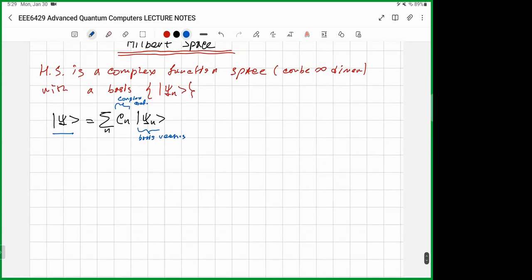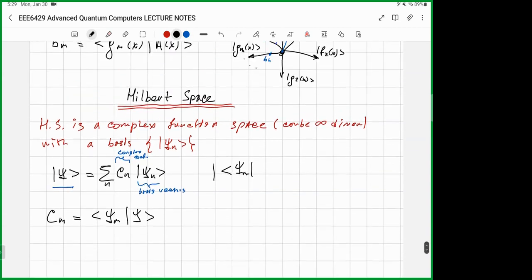Very good. So now at this point, I can multiply this expression by, let's say, psi m on the left, and I will get Cm is equal to psi m psi, right?